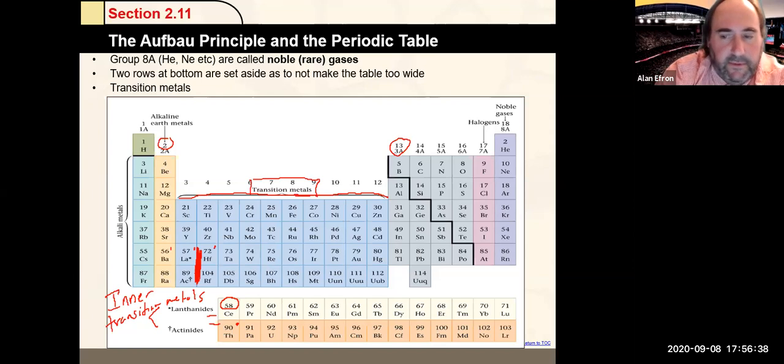Most people don't do too much with those guys, and in this class, we also won't do too much with them. A lot of those guys on the bottom two rows are radioactive elements. You should know uranium probably, which is 92. That one does come up a lot, but you probably won't see too much of these guys. Maybe when you take 200B and talk about nuclear chemistry in that class, you'll touch on some of these.